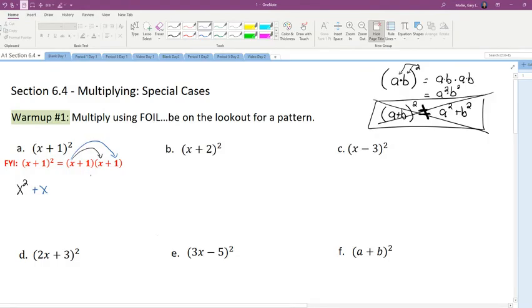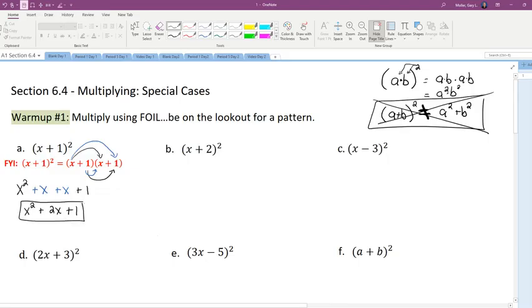And then I do 1 times x, which gives me plus another x. And then I do 1 times 1, giving me 1. And so my answer is x squared plus x plus x is 2x, plus 1.